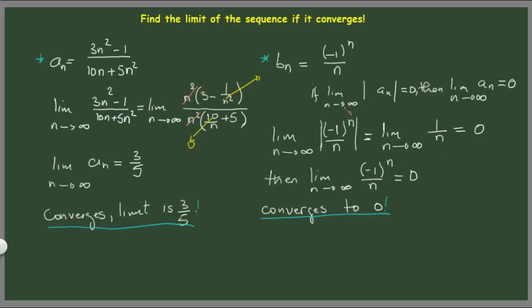Once you take the limit, according to this theorem, you can say this sequence is also tending to 0. Its limit is 0, and then you can conclude that the sequence converges to 0.